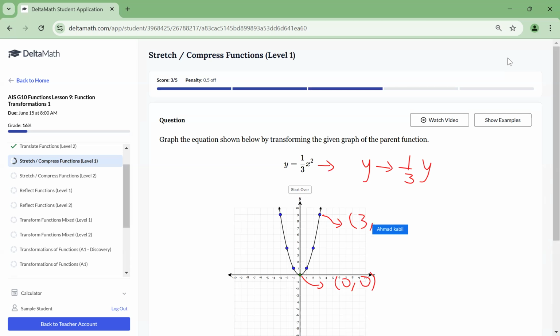So 3 comma 9 and negative 3 comma 9. We are multiplying by 1 over 3. So this means we're dividing the y by 3. So this becomes 3. This becomes 3. And this remains as 0. So all I'm going to do is drag this blue point vertically down to 3. And that's it.